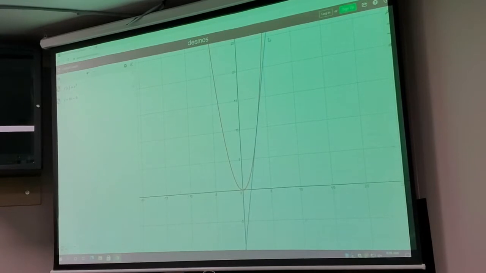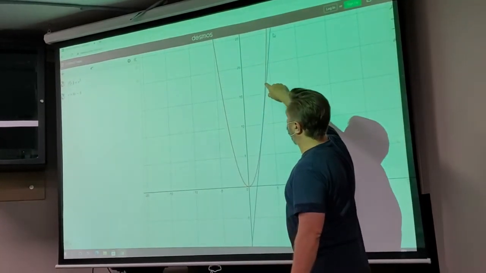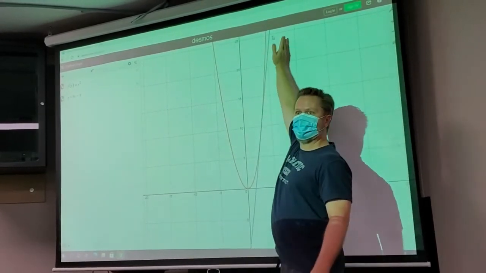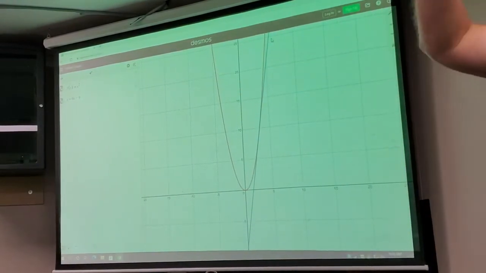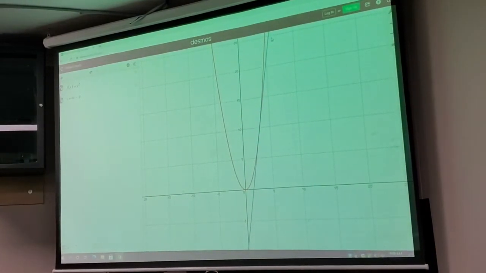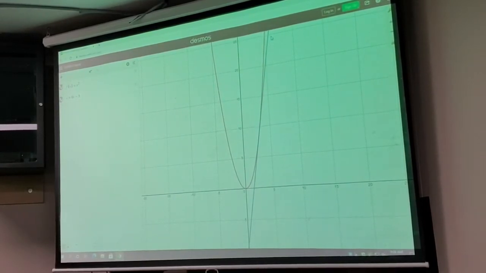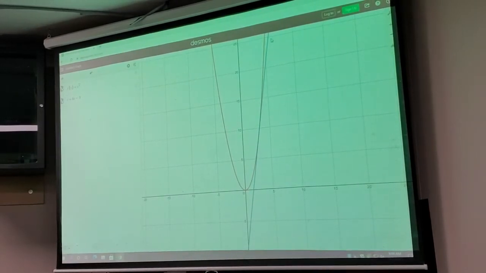As we get past this point, doesn't the slope of the parabola increase? But the tangent line, of course, it's a line. It's going to stay the same slope. Isn't that kind of cool? If you ever figure out the derivative, the slope of a function, you can actually just plot the function, plot the equation of the line, and make sure it does what it's supposed to do.